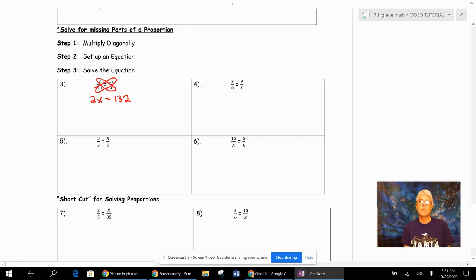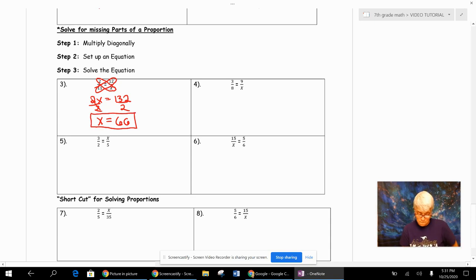Okay, so now I have a one-step equation, which we've already had a test over. Hope you remember how to do it. So I'm going to divide both sides by 2 to solve for x. Divide by 2, divide by 2. X equals 66. And so that is the missing number.